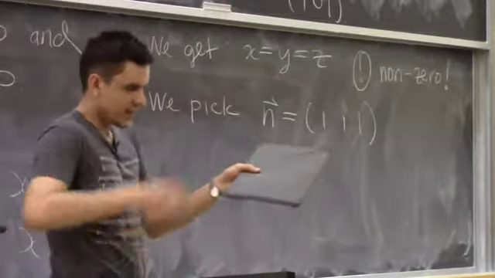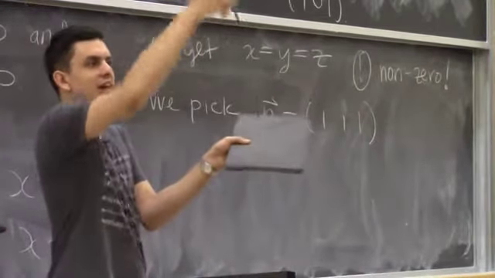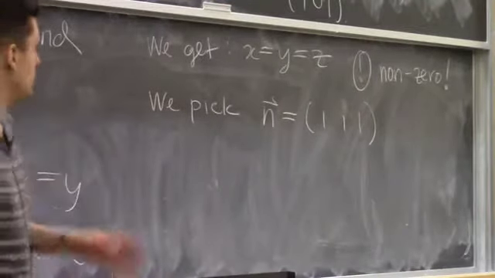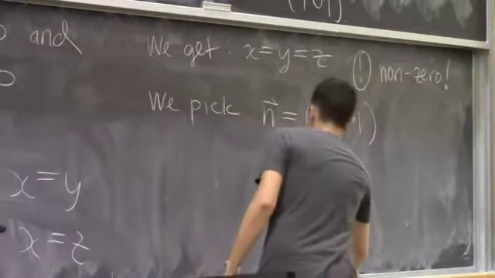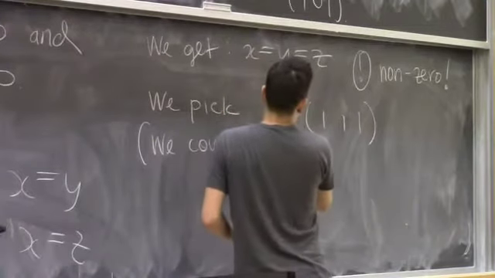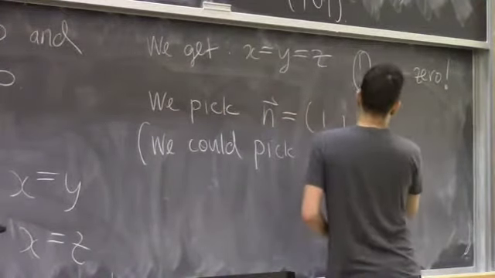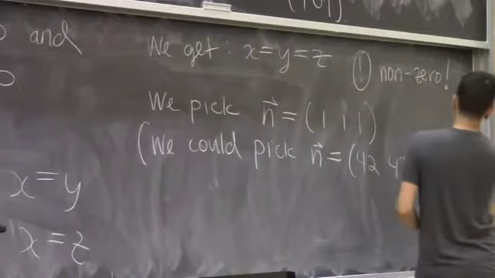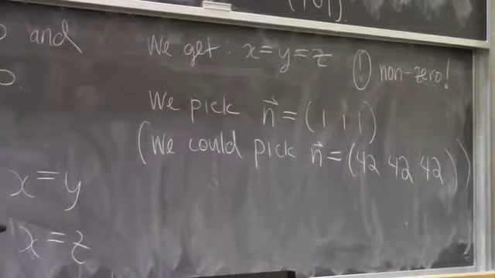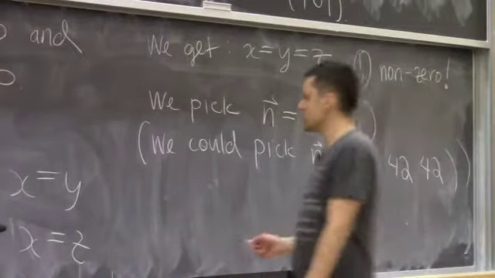So if we have a normal vector, we can multiply it by any non-zero number, and we'll stay normal. So we picked 1 here, but we could pick any non-zero number. We just pick 1, 1, 1 because it looks really nice. Yeah, we could scale it. Yeah. Good.